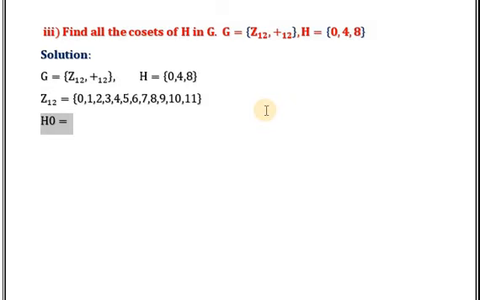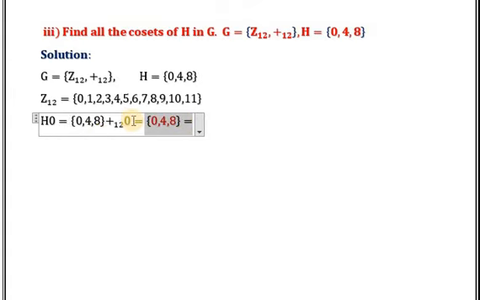Now let me find H0. H0 means with 0 we are operating with H. So we know that they are nothing but {0, 4, 8}, and we write it as {0, 4, 8} plus modulo 12 with 0, giving 0, 4, 8. Then the H4 set also gives the same elements.